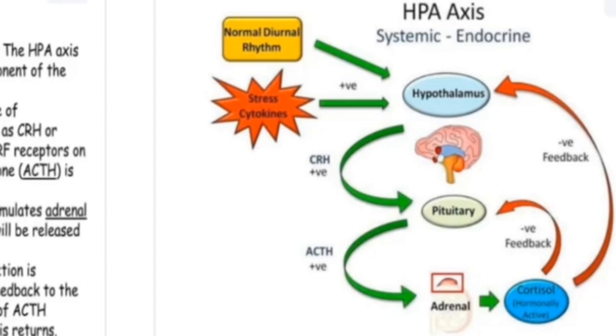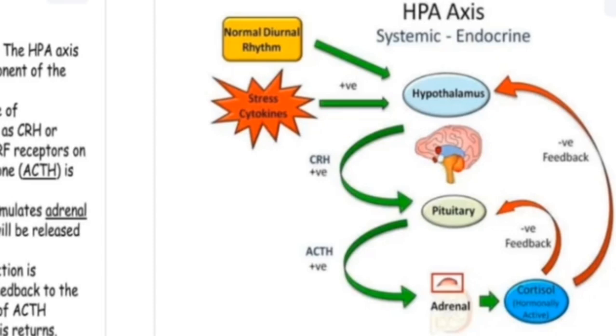So, at high concentration of cortisol, when the effect of the stress has been alleviated and restored to normal, there must be a negative feedback from the cortisol to the pituitary and also from the cortisol to the hypothalamus. That is the regulation. So when they say, how is the HPA axis regulated?